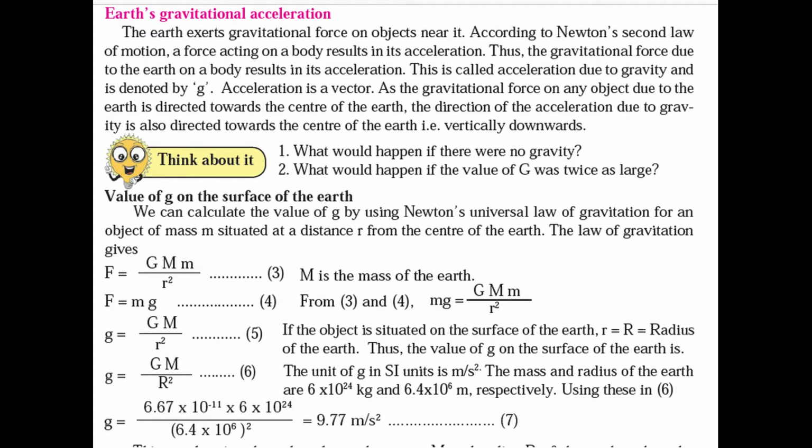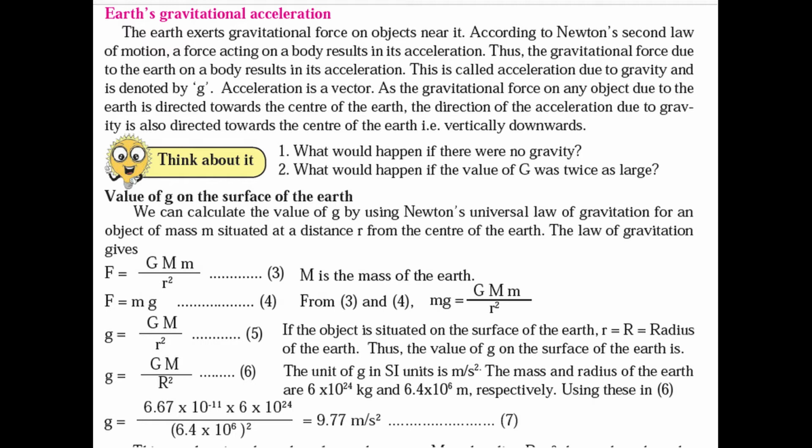Now F is equal to mg, we know it, so we combine these two equations, which makes mg equal to G M m divided by r square. So that leaves us with g is equal to G M divided by r square, and if you put all the figures into this equation, you will get small g is equal to 9.77 meter per second square.